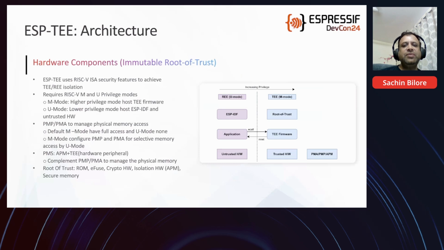These are the basic building blocks and requirements from a RISC-V SoC to support the ESP TEE. These are M and U privilege modes, where M mode is the higher privilege and hosts the ESP TEE firmware. U mode is the lower privilege mode, which hosts the ESP IDF now.